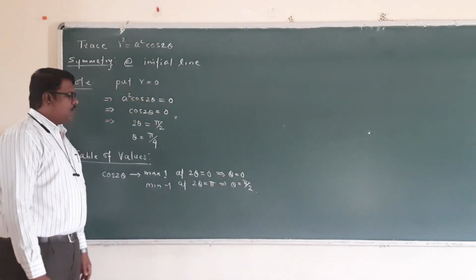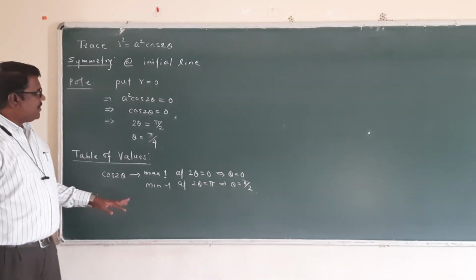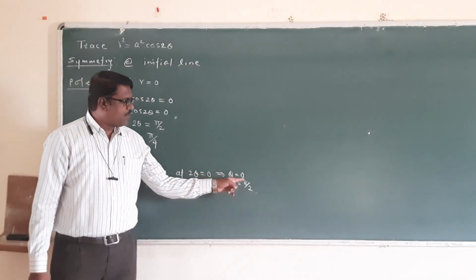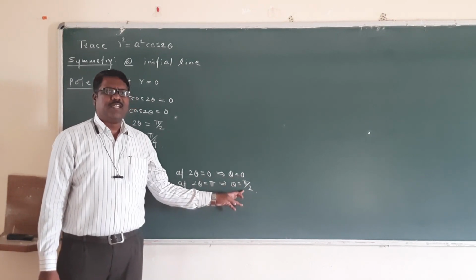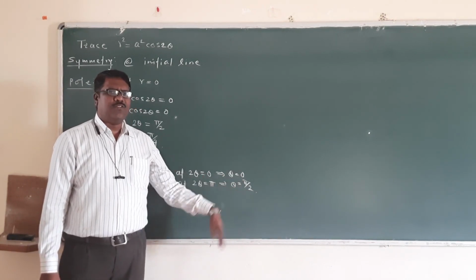Okay, so here we will consider the range of theta from 0 to pi by 2, and in this range we will select at least 4 values of theta.